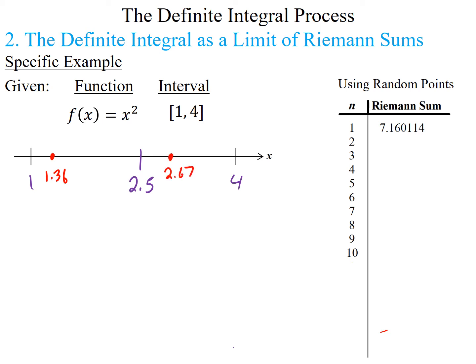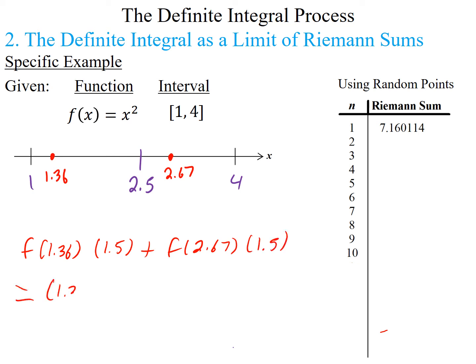So how would the Riemann sum work? You'd plug in the first number into the function, multiply by the width of the interval, which is 1.5, plug in the second number, multiply by the width, which is 1.5, and again, this function squares whatever you plug into it. So this is the Riemann sum you get for two subintervals and the numbers that they picked for the xi stars.